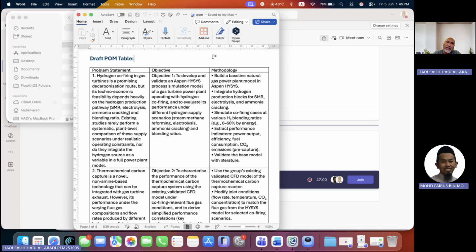What about the combustion chamber? Based on your PM table, you don't plan for any CFD for the combustion chamber. Because your CFD pertains to objective number 2 only, which focuses on carbon capture, am I right? The idea in my head is different.